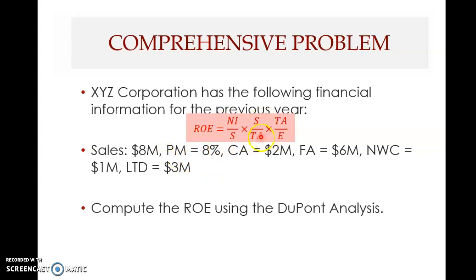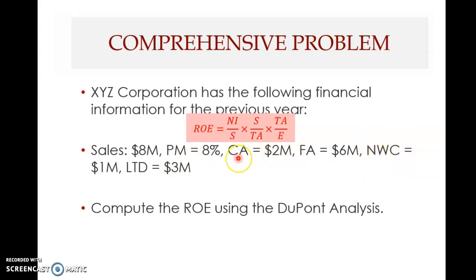Sales over total assets: sales is given here, 8 million. Total assets is a combination of fixed assets and current assets, so that is known. But equity is not given directly; you are given long-term debt. You're also given net working capital.